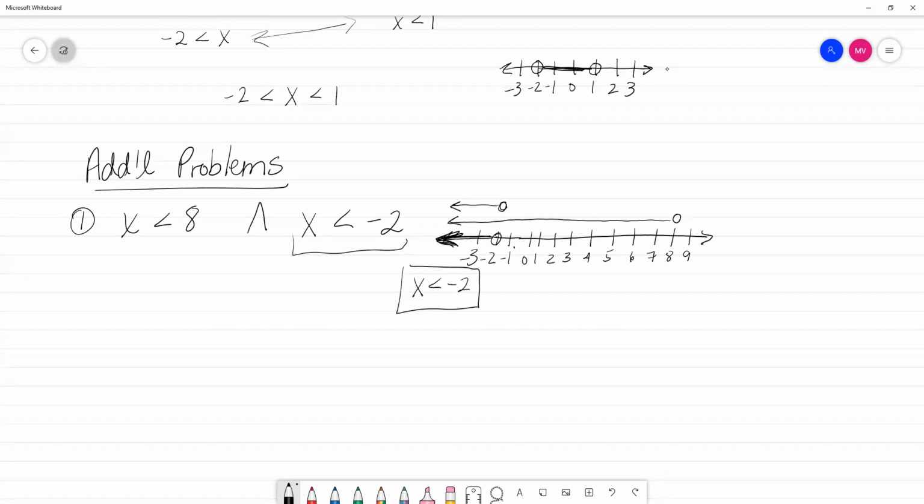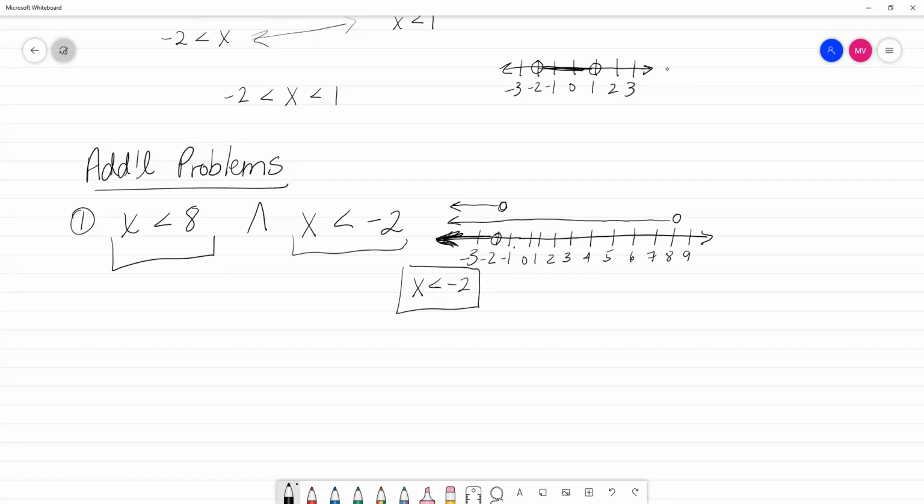Listen to this and then tell me if you're still confused. As long as X is less than -2, it makes both of these statements true. Think of -3. Is -3 less than 8? Yeah. Is -3 less than -2? Then that is a true statement. I don't know what happened to the 8. It's just gone. It's not there anymore.